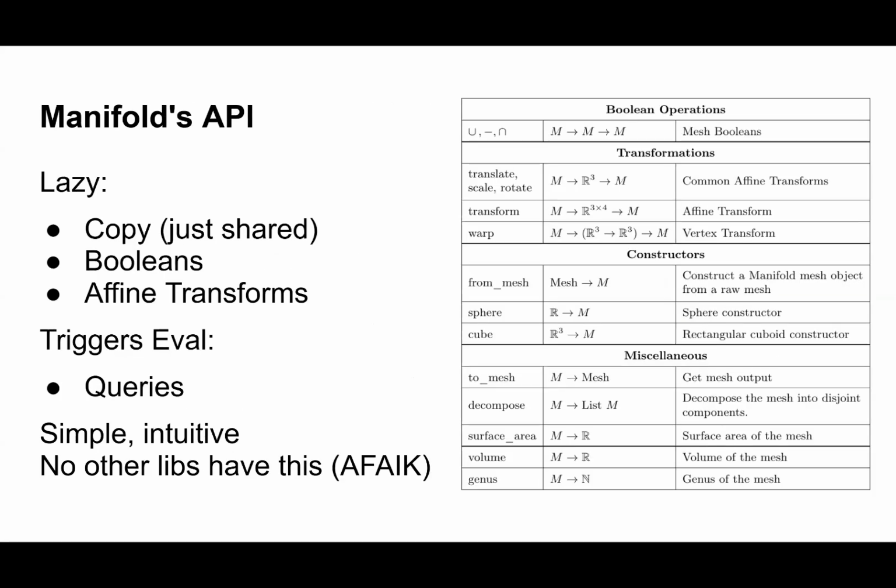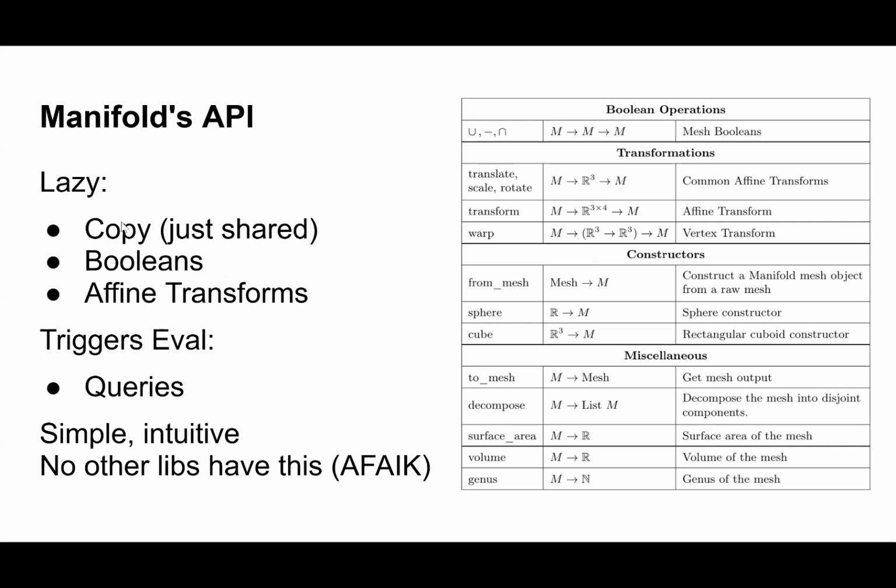So here's Manifold's API. I translated the C++ thing into a more abstract data type. We have the mesh Boolean operations, which are just union, subtraction, intersection. And then we also have some transformations: translation, scaling, rotation. And then we have warp, which is not an affine transformation.